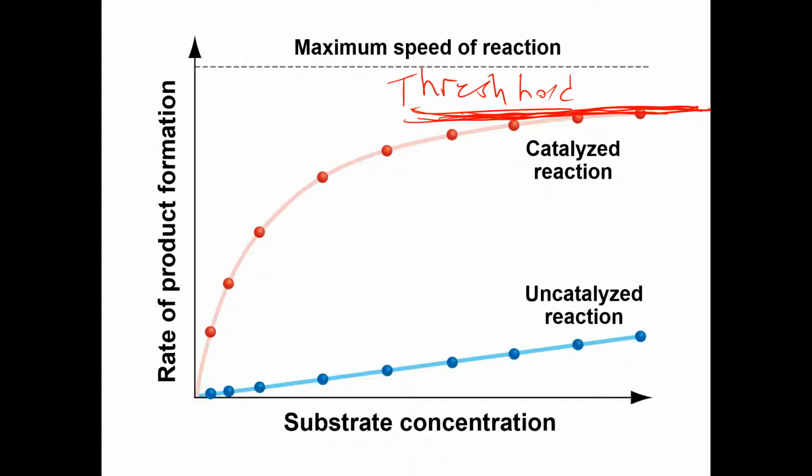Basically, what this means is that you're going to reach this threshold because in a chemical reaction, you've added a finite amount of your reactants, and you've also added a finite amount of your enzyme.